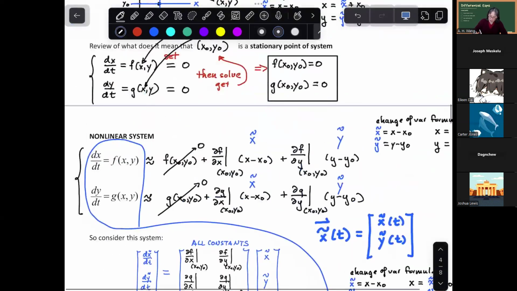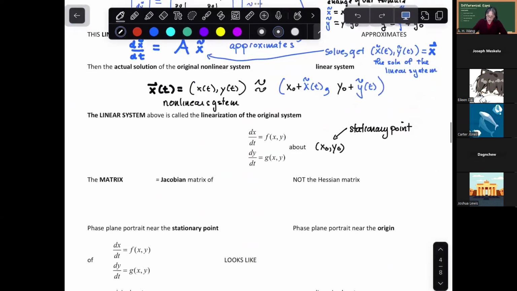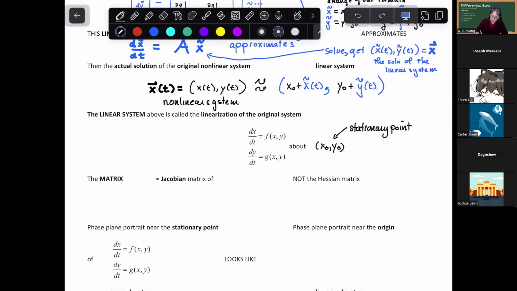Because we want this part to be equal to 0. Okay. And the matrix A is called the Jacobian of the F. So who is the F?